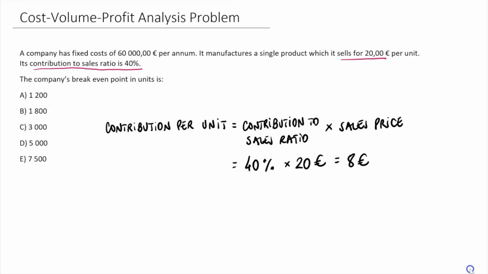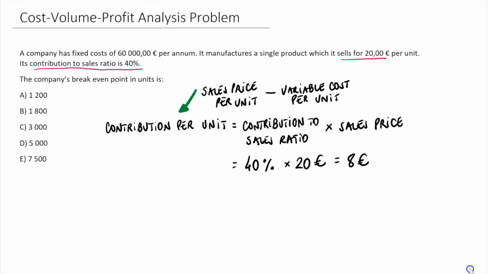Of course, we know that this contribution per unit is exactly the difference between the sales price per unit minus the variable cost per unit.